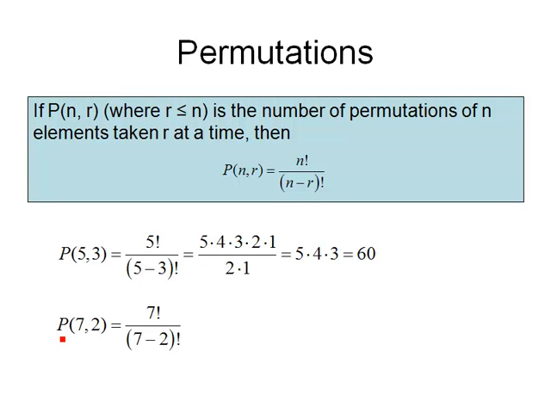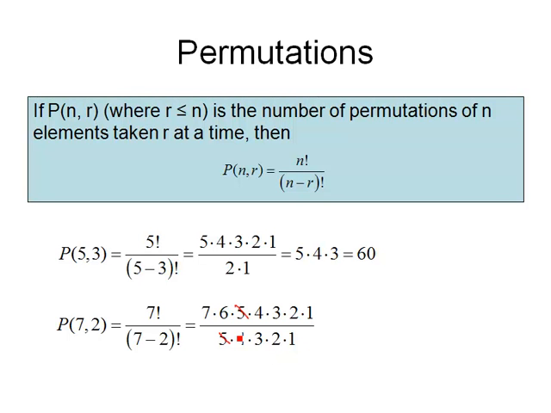So if I was going to do the permutation of 7 objects, chosen 2 at a time, from our formula I do 7 factorial over 7 minus 2 factorial, which would be 7 times 6 times 5 times 4 times 3 times 2 times 1, divided by 5 times 4 times 3 times 2 times 1.